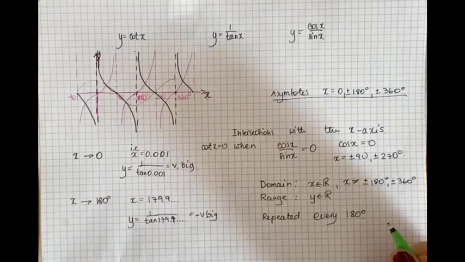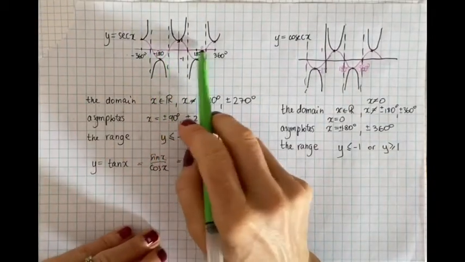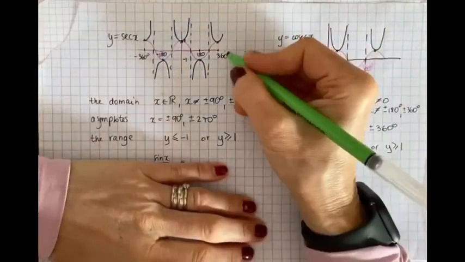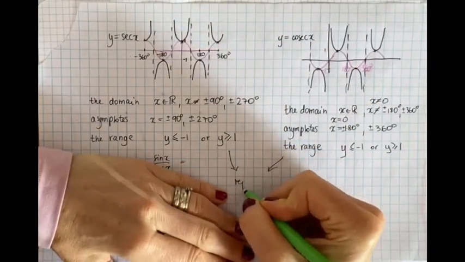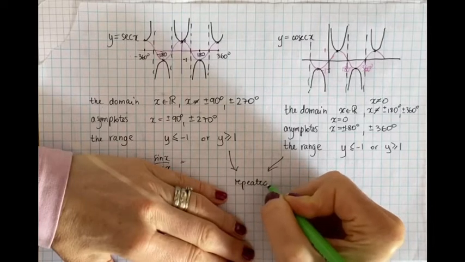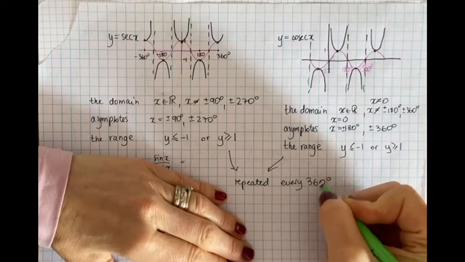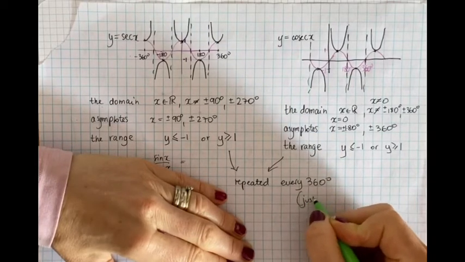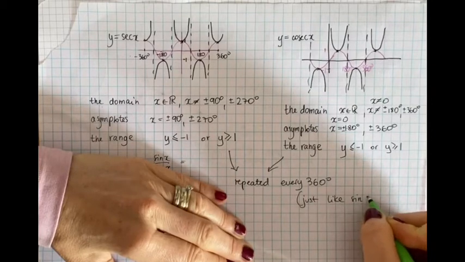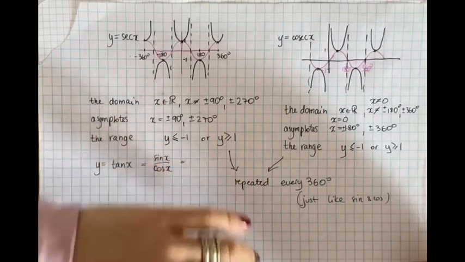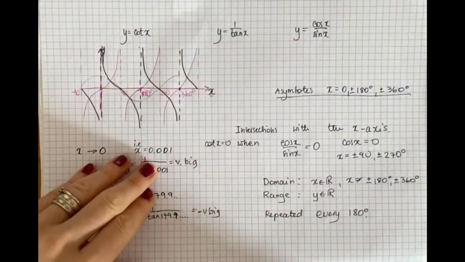And something we haven't mentioned with these: they repeat every 360 degrees, just like sine and cos, y equals sine x and y equals cos x.